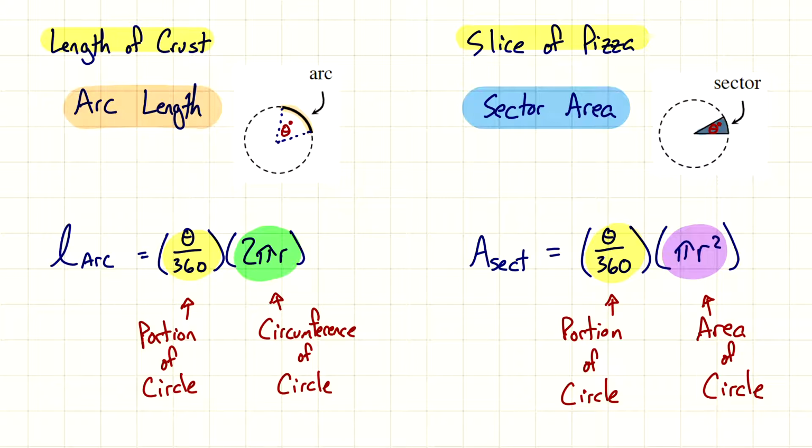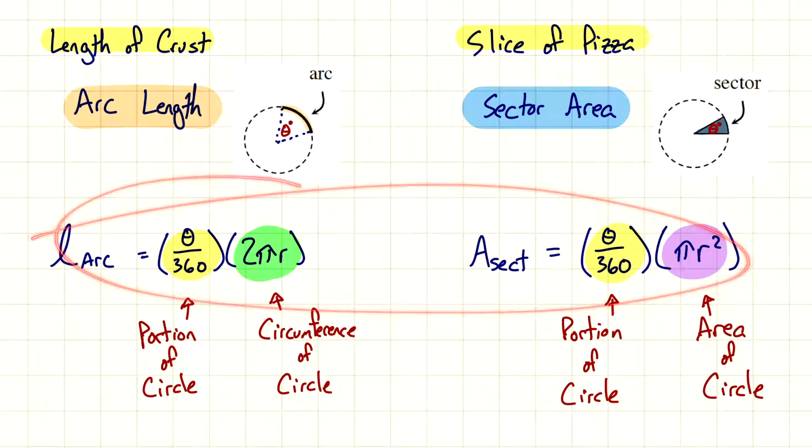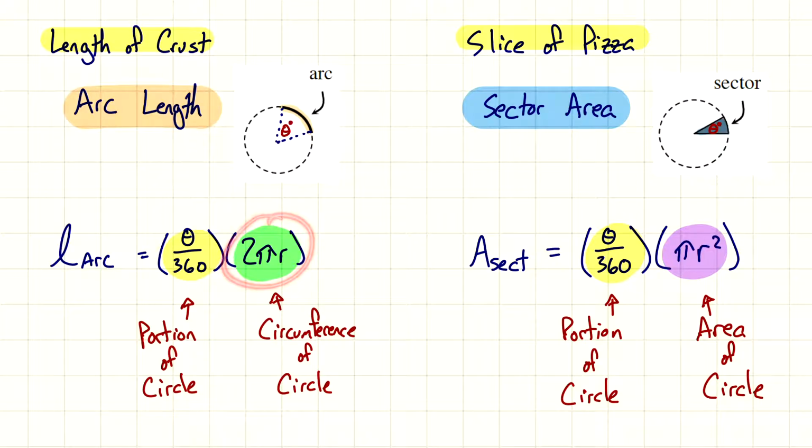It's always going to be some angle over 360. If you want the whole circle, then this would be 360 over 360, which is perfect because then it reduces to 1. So you should remember these formulas and not the traditional 2 pi r and pi r squared, because these will work for both.